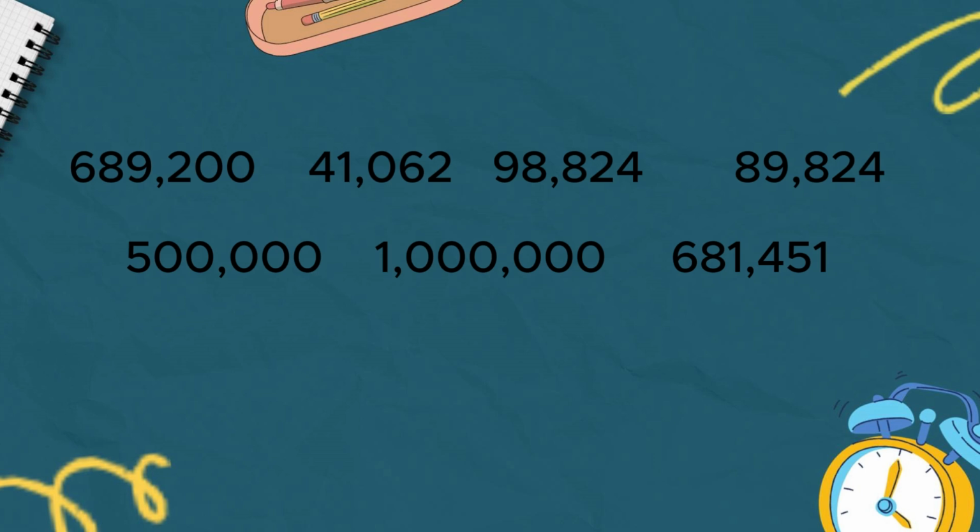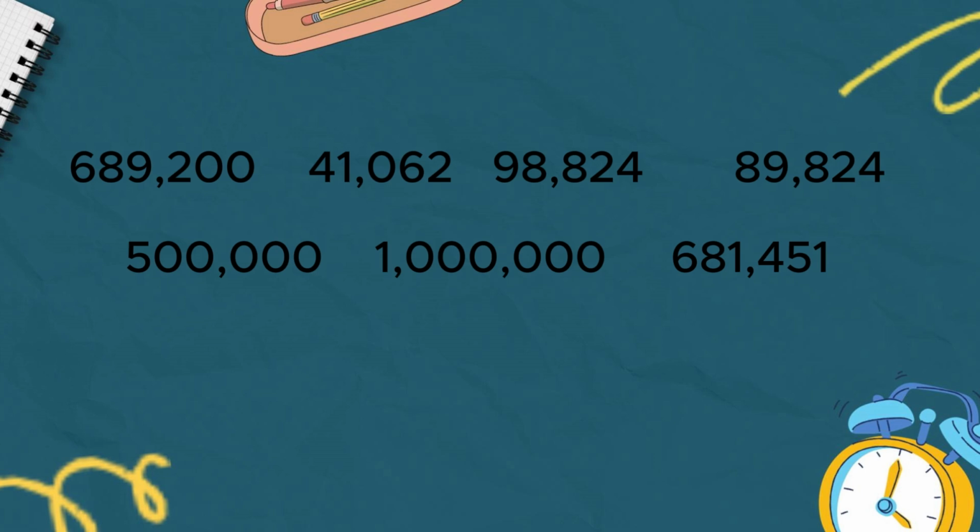If the group of numbers has the same number of periods, we will then compare the numbers in the last period. See this example. Let's arrange this or order this from least to greatest or in ascending order. Count first how many periods are there in each number.